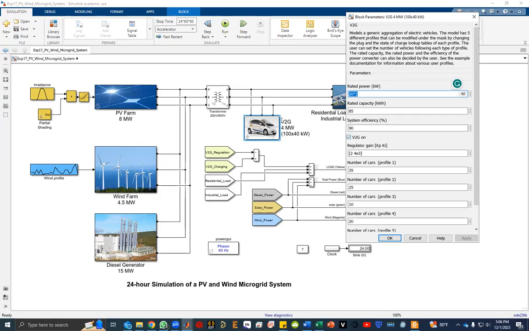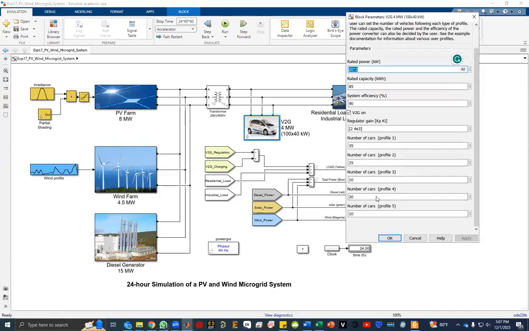Vehicle to grid: from the vehicle we're supplying to the grid, and in some cases, when electricity is needed for this EV system to be charged, we actually get electricity from the grid as well. The number of cars is 35 in profile 1, 25 in profile 2, 10 in profile 3, and 20 in profile 4.